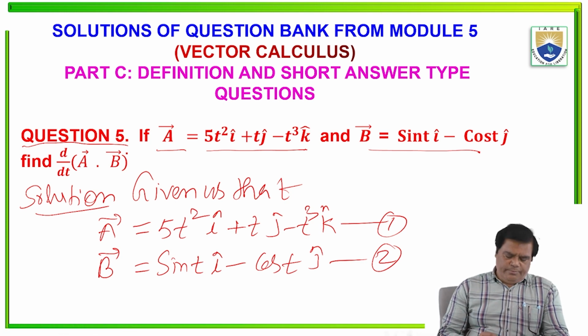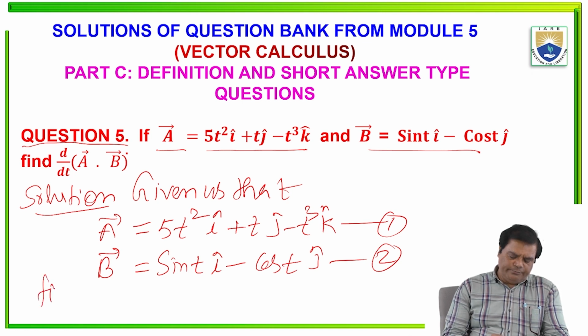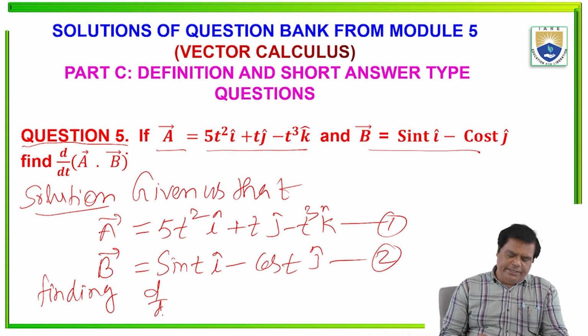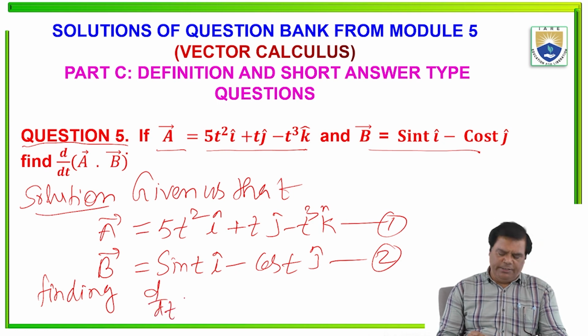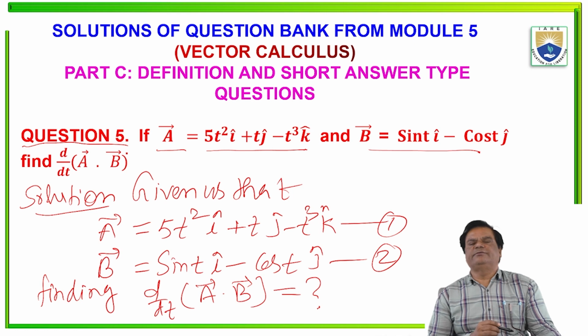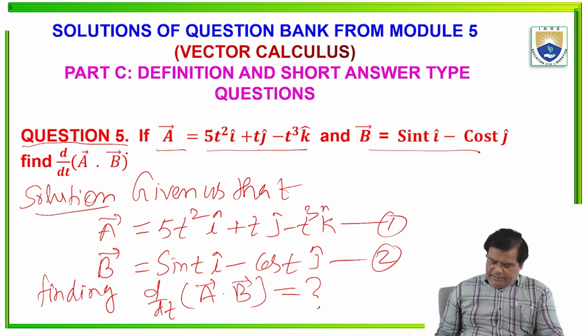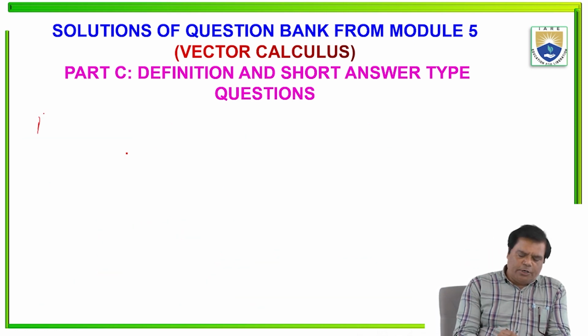We are finding d/dt of A dot B, differentiating with respect to t. First of all, finding A vector dot B vector.